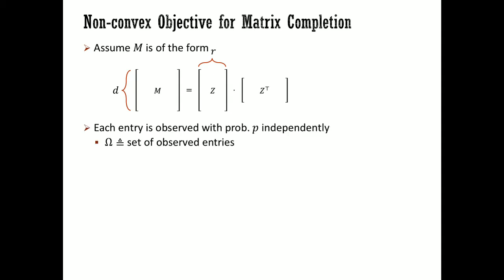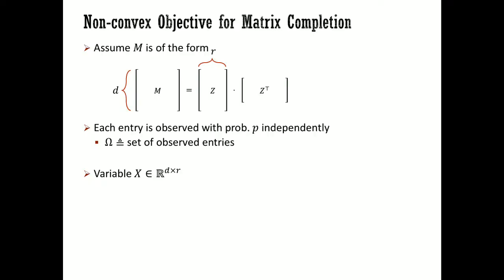Regarding the observation model, we assume that each entry is observed independently with probability p, and we use omega to denote the set of observed entries. We're going to use non-convex optimization. We introduce a variable X, which has the same shape as Z, so X has dimension d times r. And indeed, X equal to Z is one of the intended solutions.